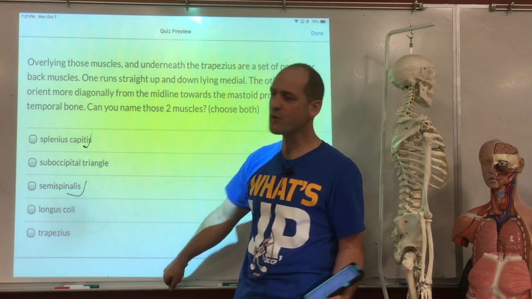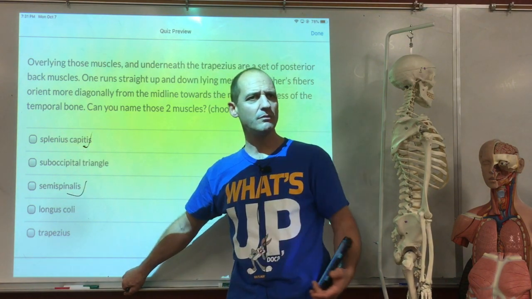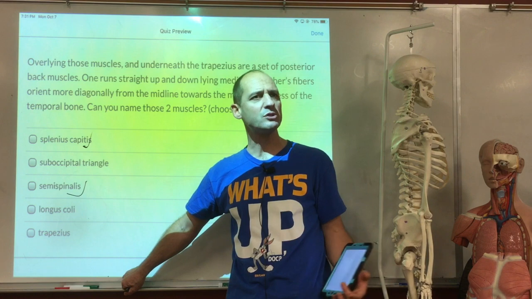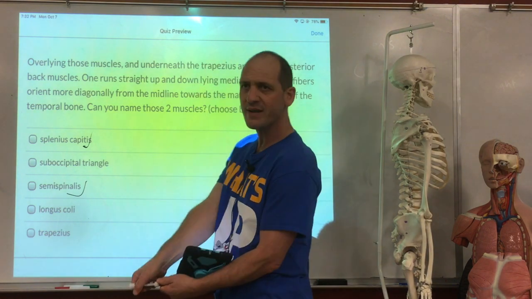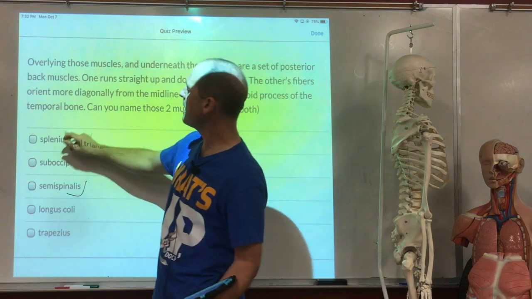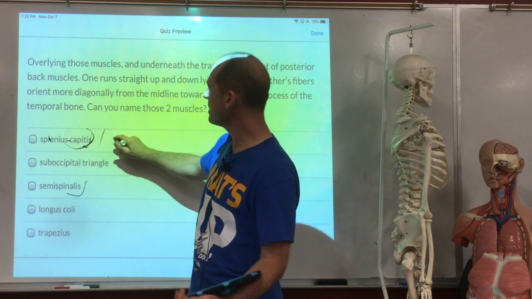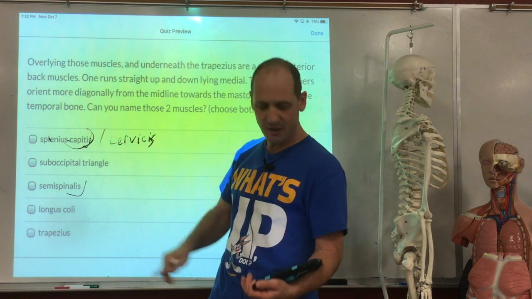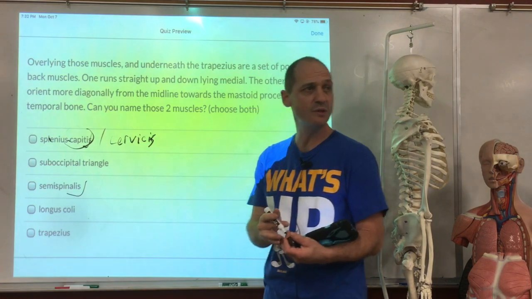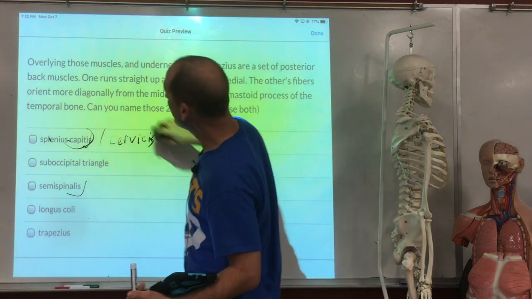So when you see the word capitis, you think there's another one called splenius. Why would there be two words for it? There's also one called cervicis. When you see that, you think, there's another one. In further studies, the other one would be called cervicis. I didn't differentiate them on here, but I think in the picture they might be differentiated between the capitis and the cervicis. So that's just another food for thought.